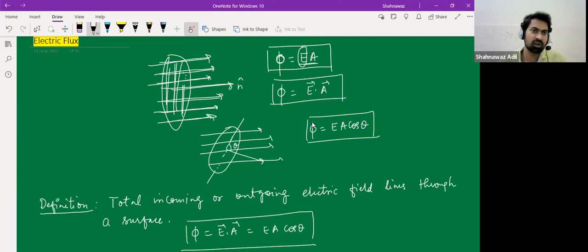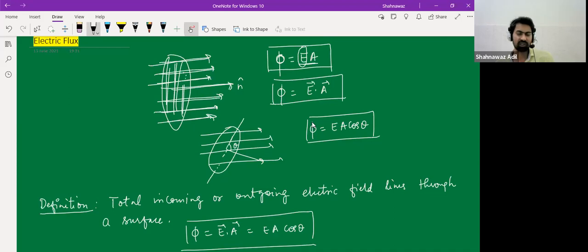Yeah, so we are doing this electric flux, and then we will do Gauss law. Gauss law is the last topic. Then this chapter will be over. And you don't have electric field due to line charge.